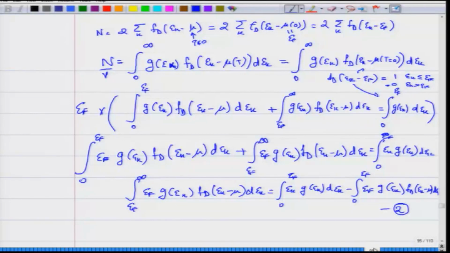Now, in the earlier lecture we had used this expression for the total number of particles and we had reached up to this expression which is shown here, and we can simplify this expression a bit further.